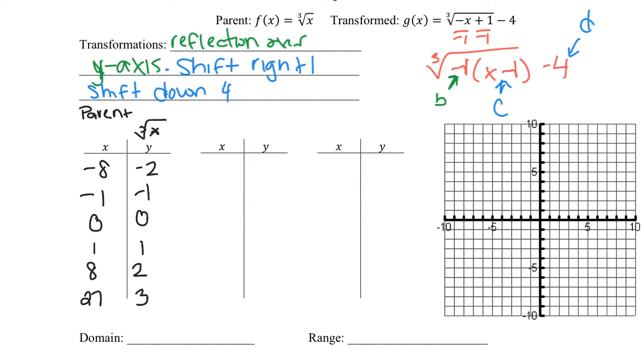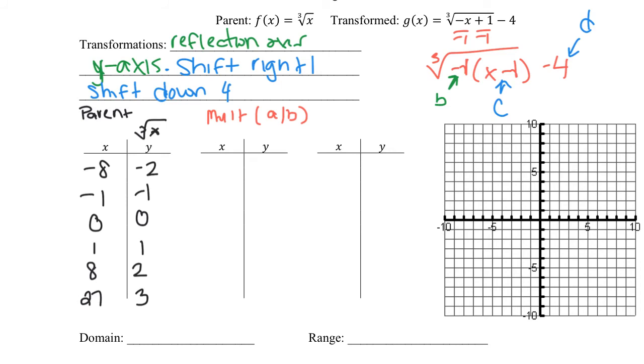Let's talk about the first transformation table, which is going to be your multiply table. Remember, this is your a and your b parameter. So in this case, I have a b. So since I have a b, it's going to affect my x's, not my y's. Now, we're supposed to use the reciprocal for b because I need the opposite of what is inside.